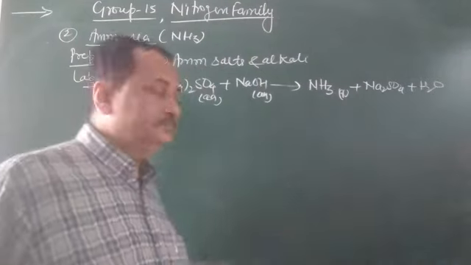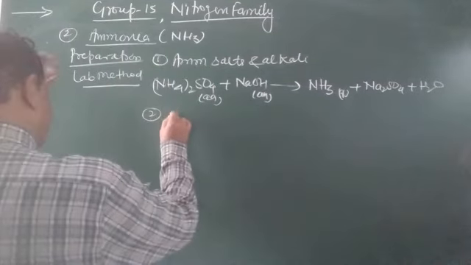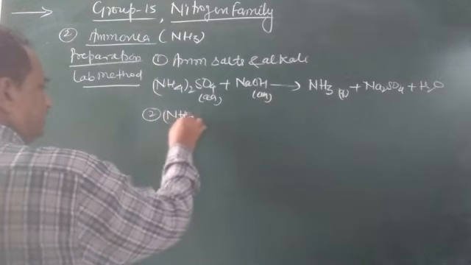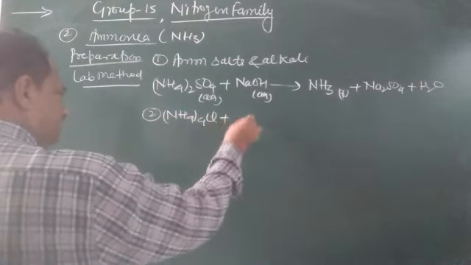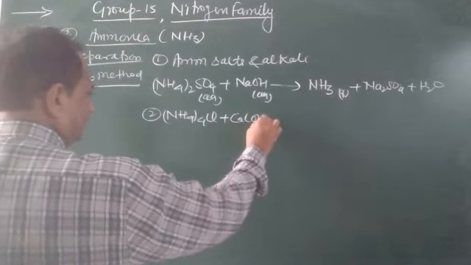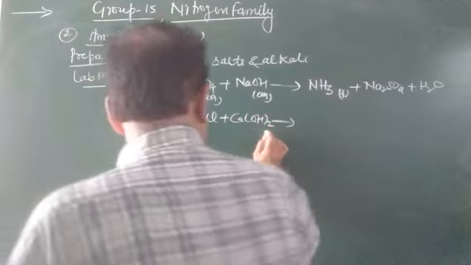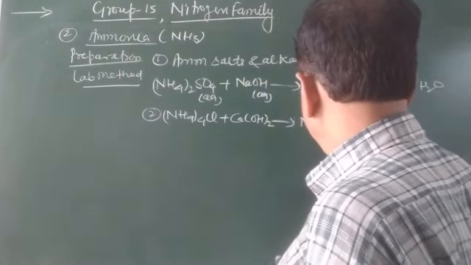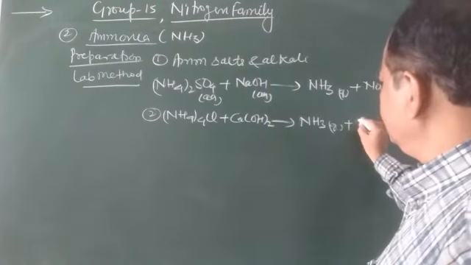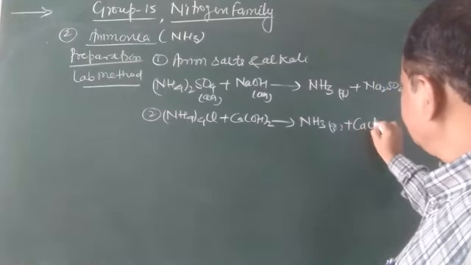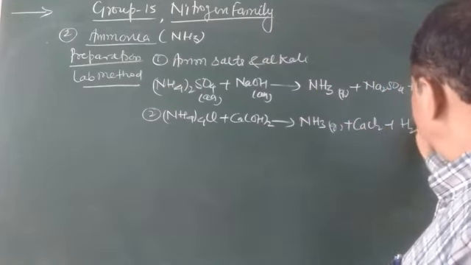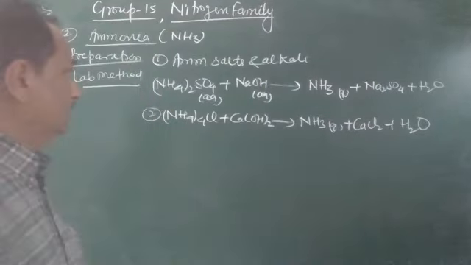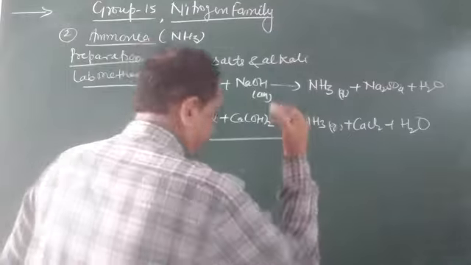Similarly, we take any other salt, like ammonium chloride, and alkali, let us say calcium hydroxide. Again there is formation of NH3 gas, then calcium chloride plus H2O. These are the lab methods.